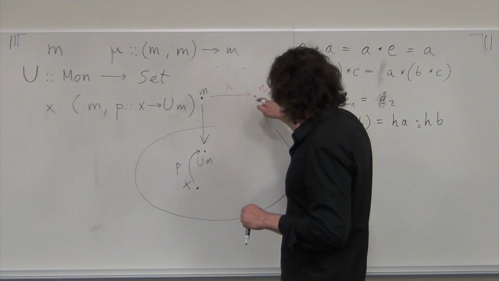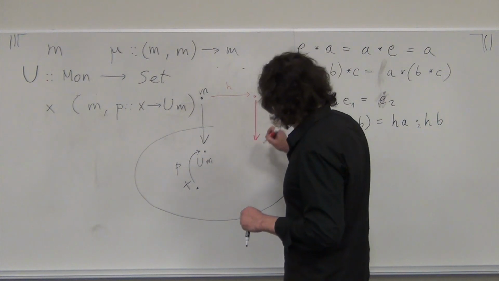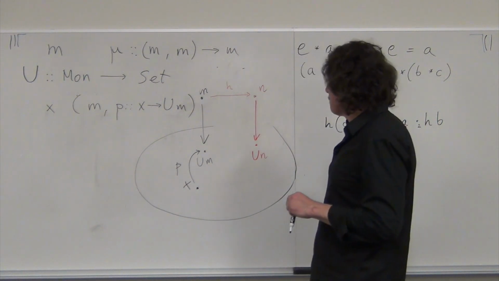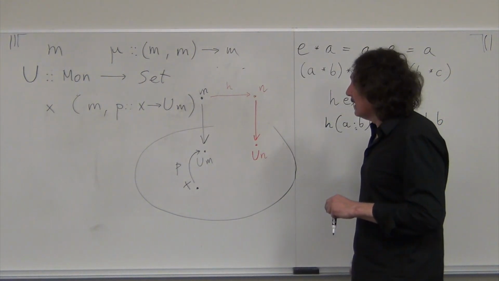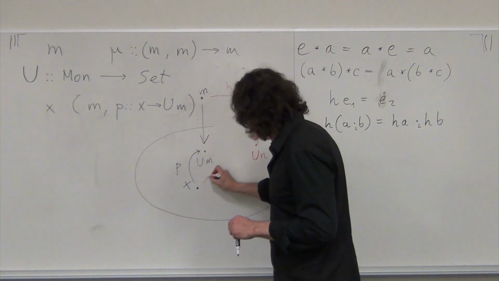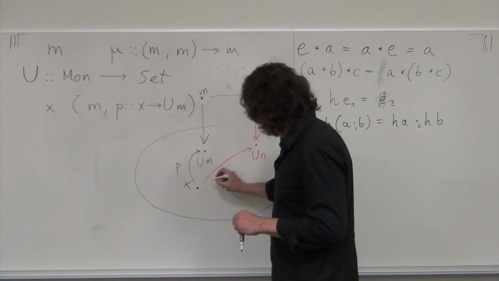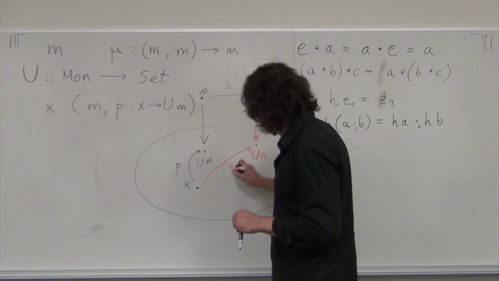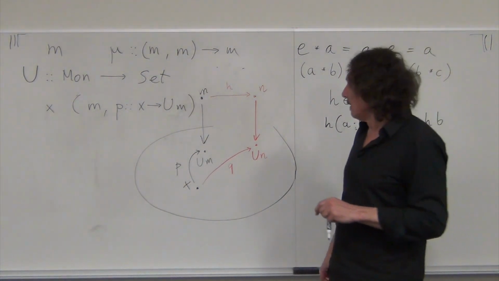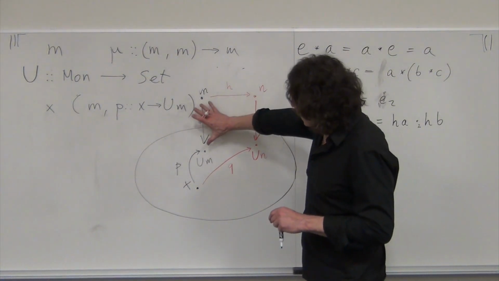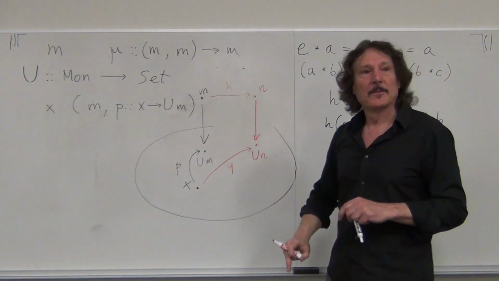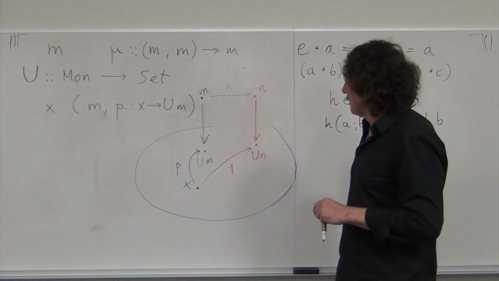Here's another guy. This guy also has a projection here, UN. And since it's a pattern, a hit on our pattern, it will have a function from X, let's call it Q. So Q goes from X to UN. So here's one pattern, P and M. Here's another pattern, Q and N. Why is this one better?